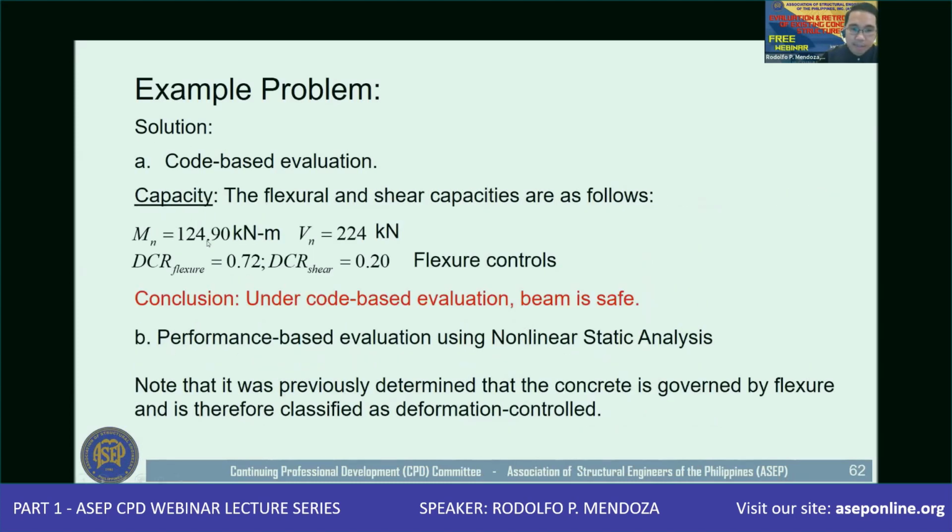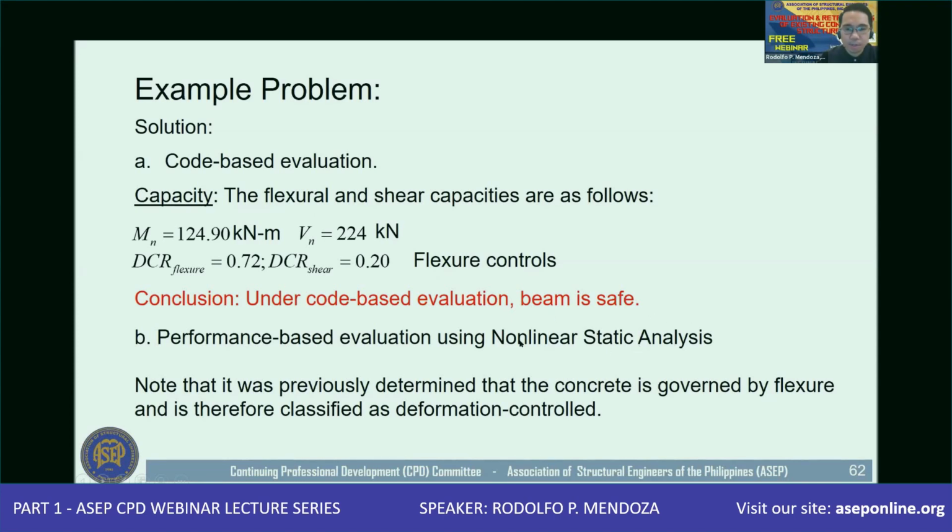The nominal section capacity is 124.9 kilonewton meter, and the nominal shear capacity, including the shear reinforcement, is 224 kilonewton. So we were able to calculate a DCR of 0.72 for flexure and 0.2 for shear, which leads us to the conclusion that flexure controls for this beam. So we can conclude that under code-based evaluation, the beam is safe.